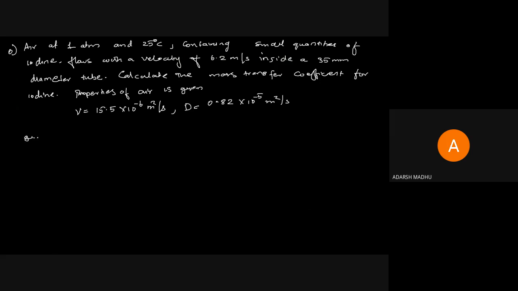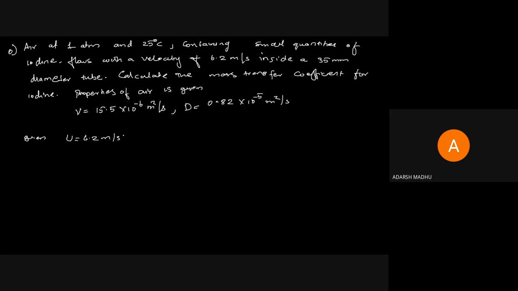Given: velocity is given. The velocity can be taken as u. u is given as 6.2 meter per second. Air at 1 atmosphere pressure and 25 degrees Celsius.